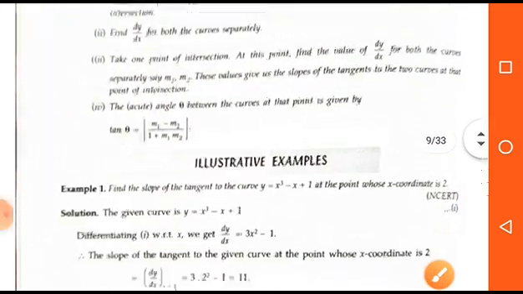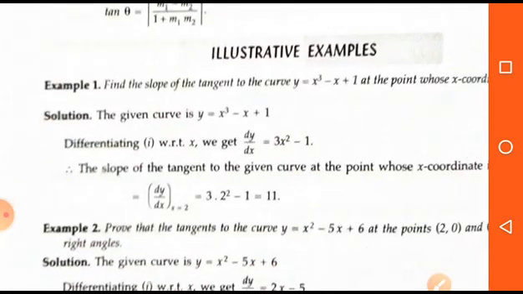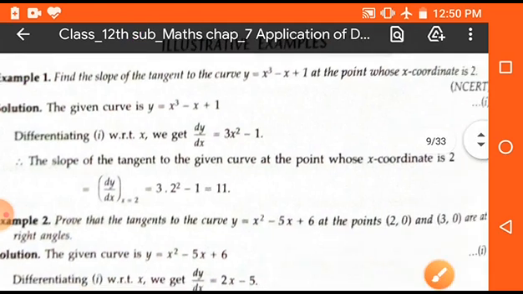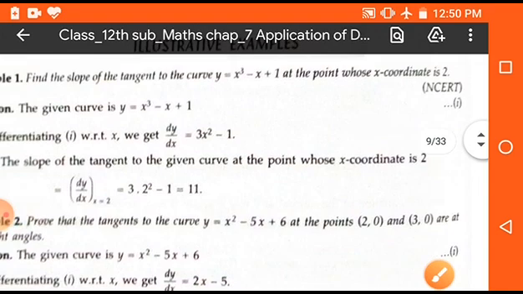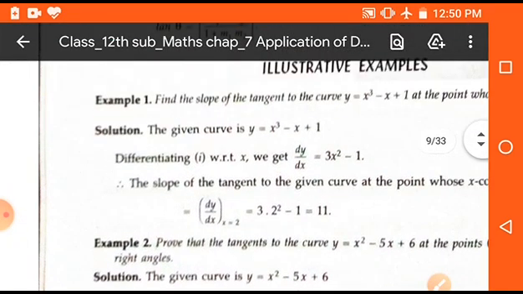Now, take some examples in order to understand this chapter very well. Find the slope of the tangent to the curve y equals x cube minus x plus 1 at the point whose x coordinate is 2. That means here given x equals 2.